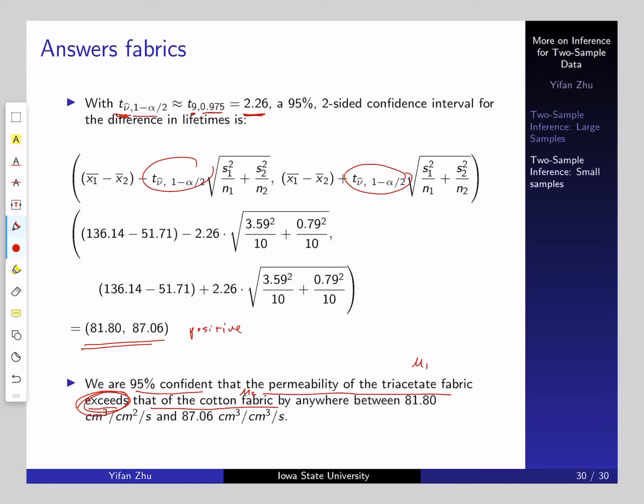So we say that the mean permeability of triacetate fabric exceeds that of cotton fabric by anywhere between 81.8 and 87.06.